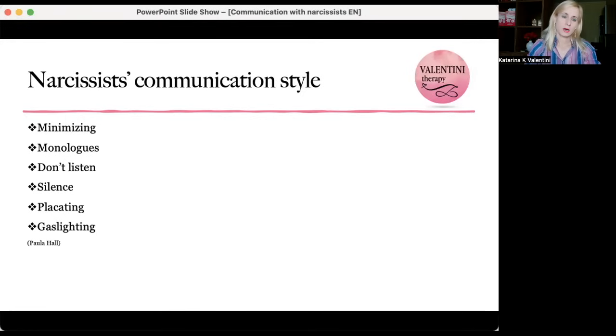Gaslighting is a trademark of toxic narcissists, but even more of malignant narcissists or people with antisocial personality disorder. Gaslighting, as you probably know, is a form of psychological manipulation in which the abuser, that is our narcissist, attempts to sow self-doubt and confusion in the victim's mind, in our minds. So gaslighters are typically seeking to gain power and control over the people they are gaslighting because they are distorting reality and they are forcing the victims to question their own judgment and intuition.